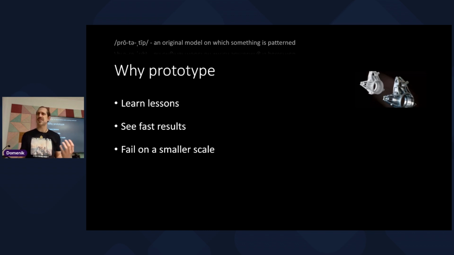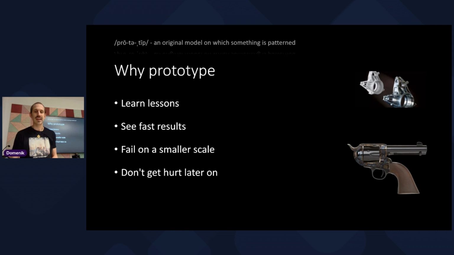So maybe to see if something functions before we create a bigger thing. We might create a small model and test our model and our hypothesis before we do the full-fledged version. And we prototype so that we don't get hurt later on.